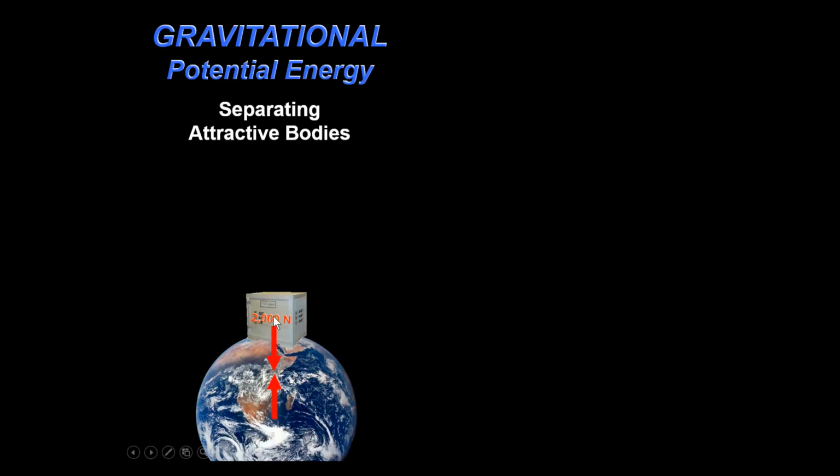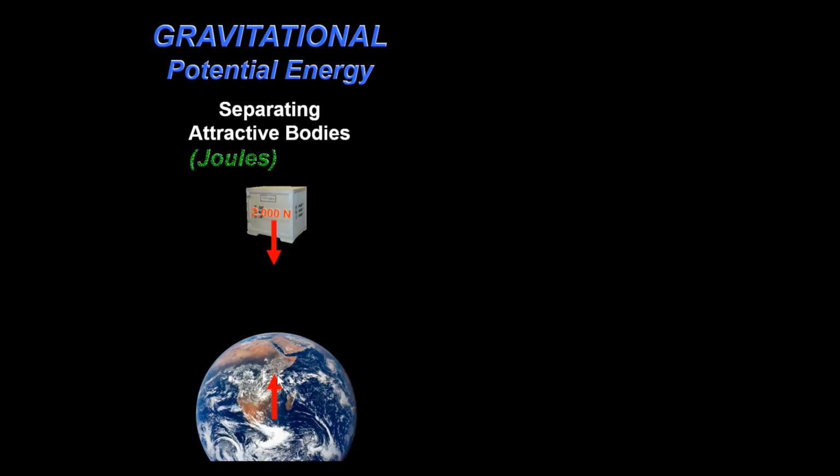All right, just kind of put it in general here. This crate has mass, and it is gravitationally attracted to this mass. And if we pull those two masses away from where they want to be, this mass is going to be wanting to sit right there on the surface because of the attraction. Separating two things that are gravitationally attracted to each other gives them gravitational potential energy, and that would be measured in joules.